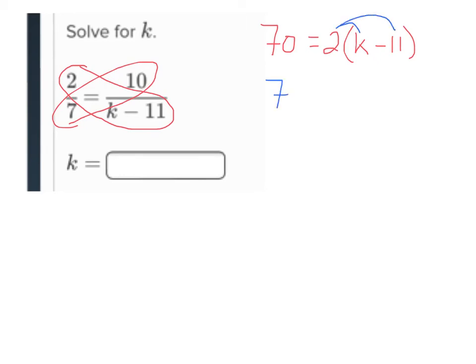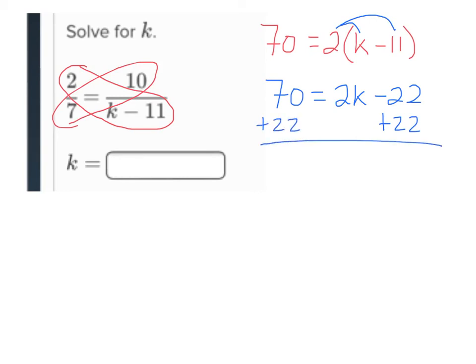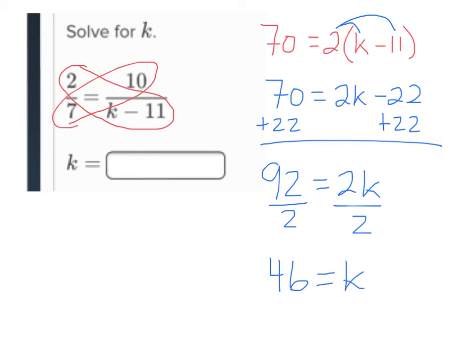So I have 70 equals 2k minus 22. And so I'll add 22 on both sides. So I have 92 equals 2k. And then I'll divide 2 on both sides. And so 46 equals k, which is the same thing as k equals 46.